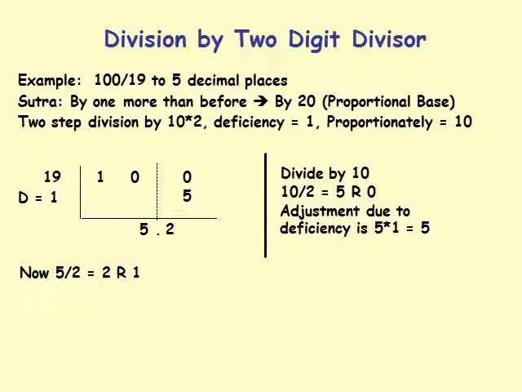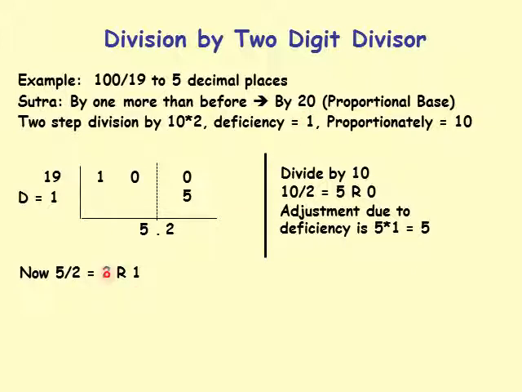Okay, so I get 2 here and remainder 1. 1 is my nominal remainder at this stage, and the effective remainder is 10 times 1, which is 10. Proportionality is 10. This is my second step of division. In fact, we are trying to divide 50 by 20. 2 is a proxy for division by 20.